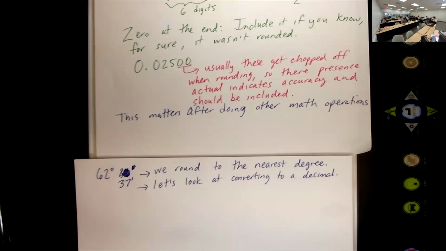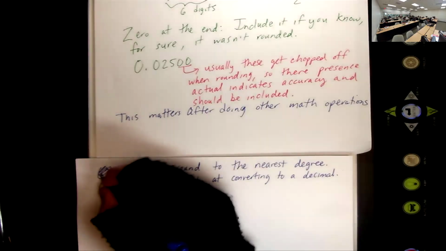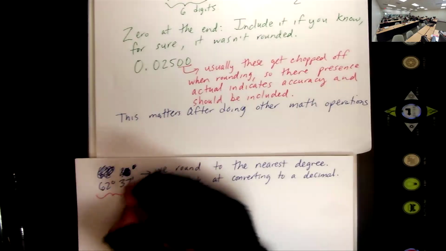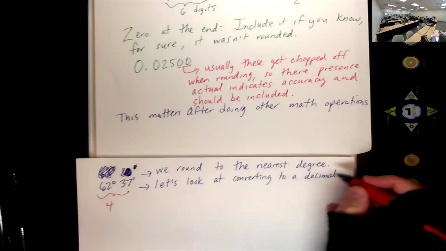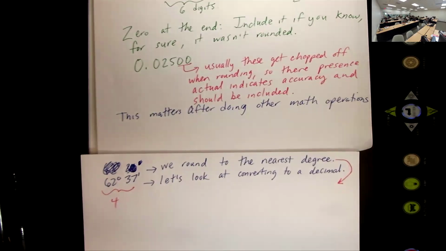How many digits does it have right now? 62 degrees, 37 minutes, how many digits does it have? That's 4, right? If we round to the nearest degree, what will we get? No. This is sneaky. 63, right?